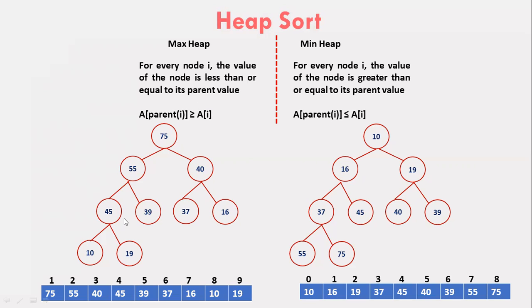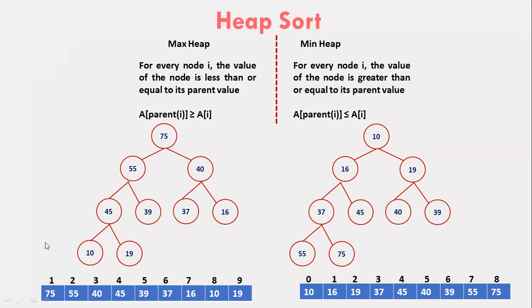This particular tree is an almost complete binary tree because all the levels except the last level are completely filled, and in the last level we need to be as far left as possible. Here we are as far left as possible. That is the reason we call this tree a complete binary tree.